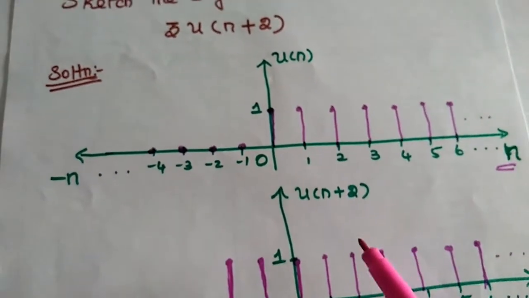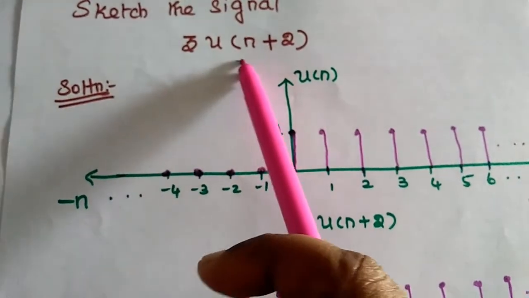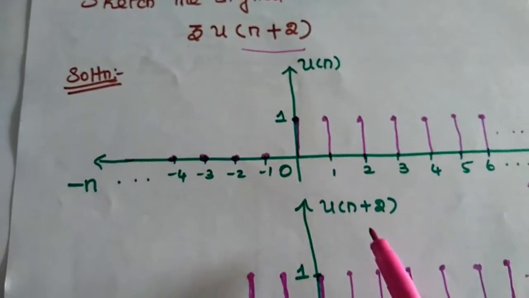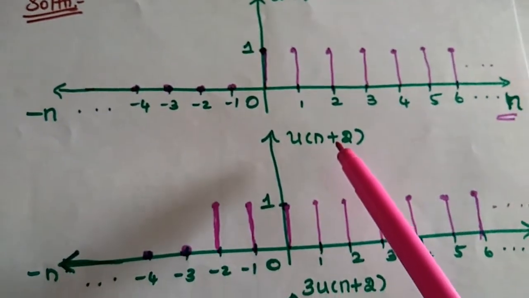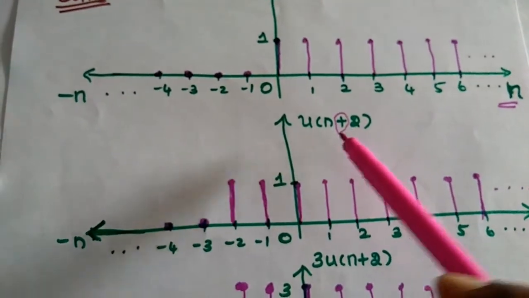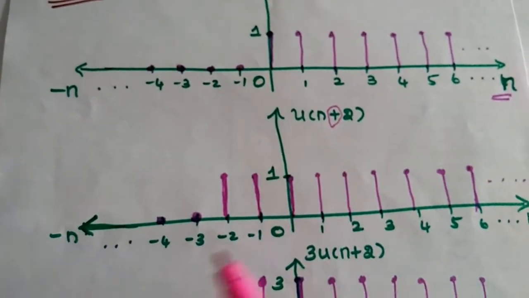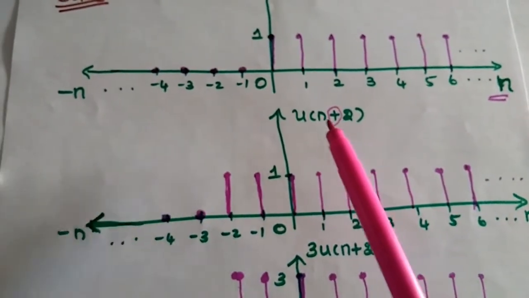Okay, so the next step, we are going to draw the time shifted signal u of n plus 2. As I told you earlier, in a time shifted signal, this plus symbol represents negative shifting. That is, plus means it is advanced.